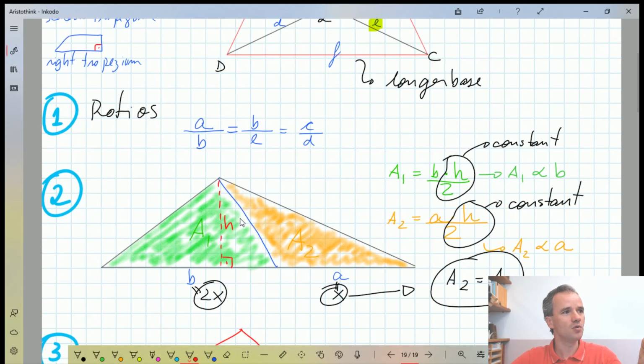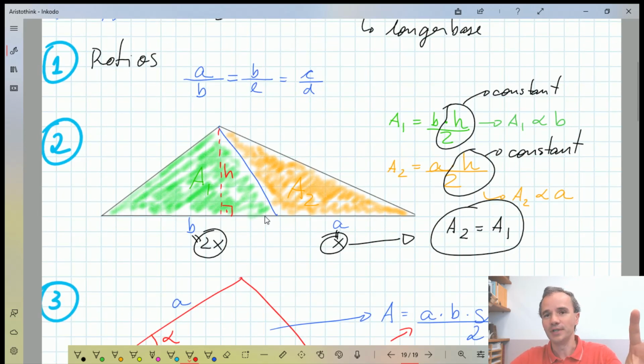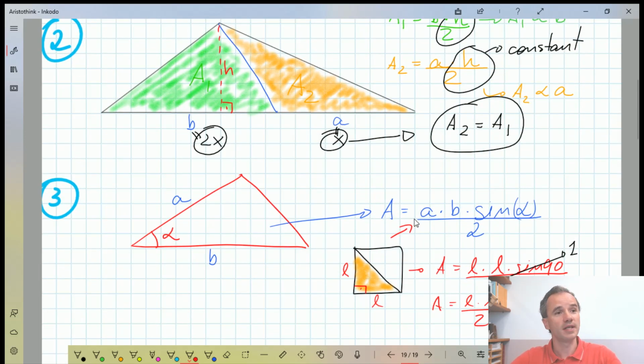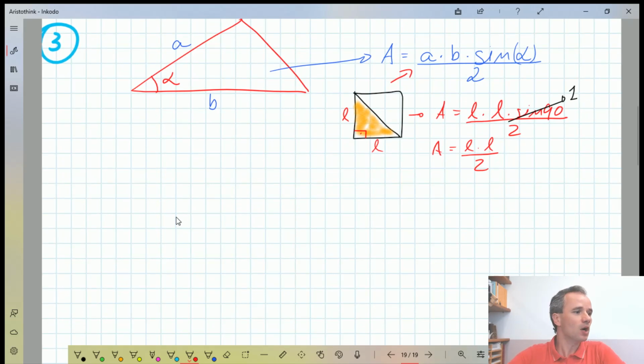Then we have to know how to relate areas when you think about the same heights but different bases. And then we have to know how to calculate areas depending only on 2 sides and 1 angle. Now we are ready, and this discussion begins.